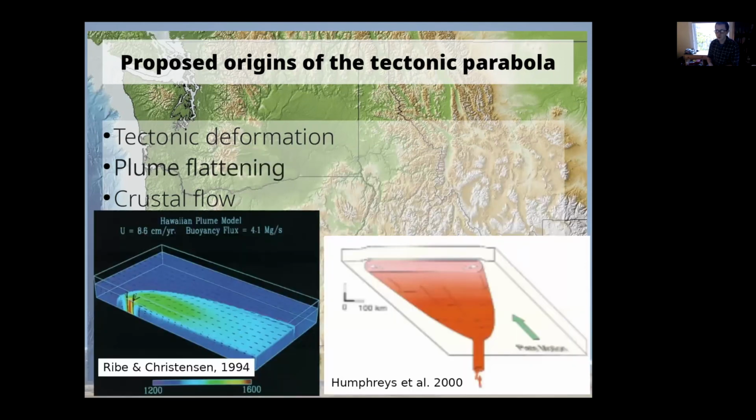Probably the coolest of these explanations is this idea of plume flattening, which basically says that as North America propagates over Yellowstone, it's leaving behind this abandoned plume head. And that plume head is spreading out underneath the continent, which is over time increasing the domain of this swell, or this dynamic topography.